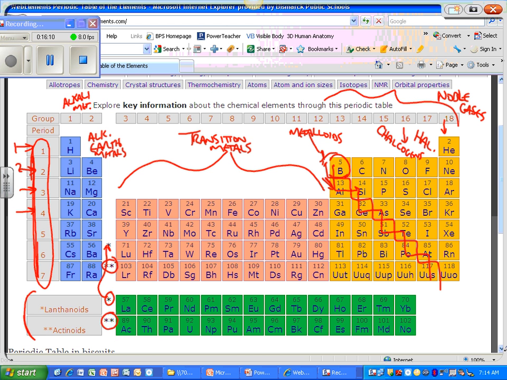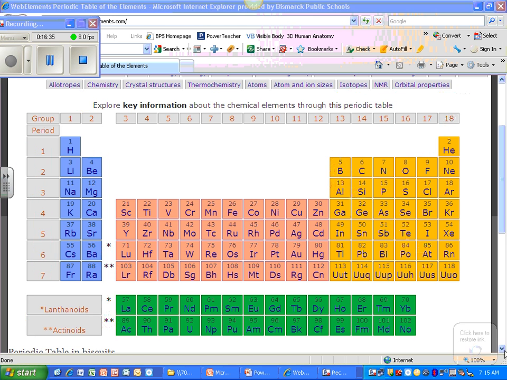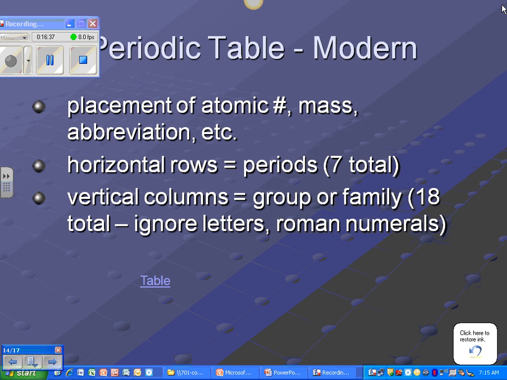Where's my staircase in all this mess? Right here. I call it a down and over rule, where we start with boron, we skip aluminum, we have silicon, germanium, astatine, and so on. We keep on going down the line. Those elements that this staircase touches, those are my metalloids. Okay, so pretty straightforward. Just make sure you look at a periodic table and see those.